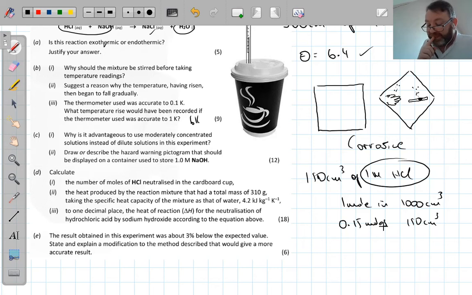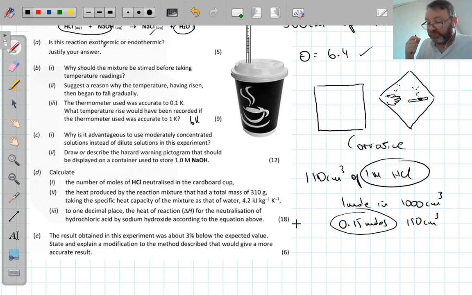Part 2, the heat produced by the reaction. Now stop there for a moment, because let's think back to what we did in part 1. The heat produced by the reaction is the heat that is produced by only the 0.15 moles that we have used. So we're going to have to do a little bit of building up, bringing it back to 1 mole when we're finished at the end of this. So, calculate the heat produced by the reaction mixture that had a total mass of 310 grams, taking the specific heat capacity of the mixture as that of water, 4.2 kilojoules per kilogram per Kelvin.